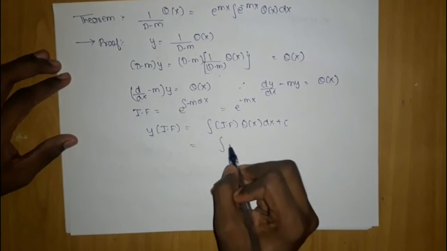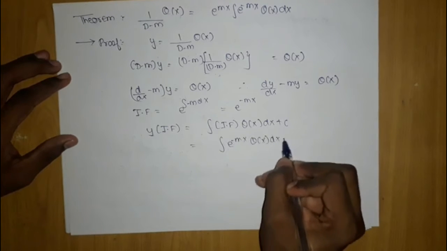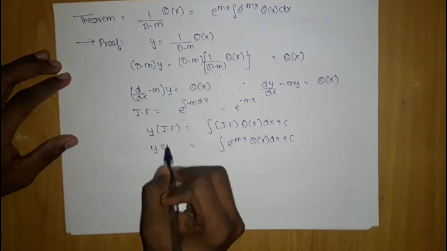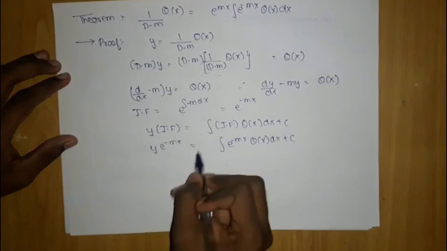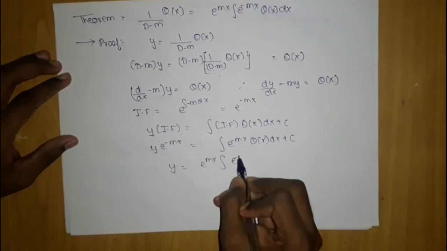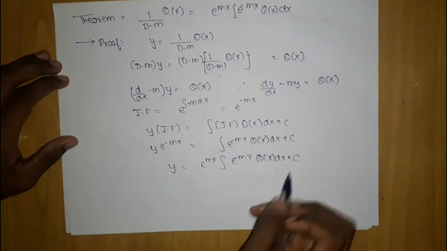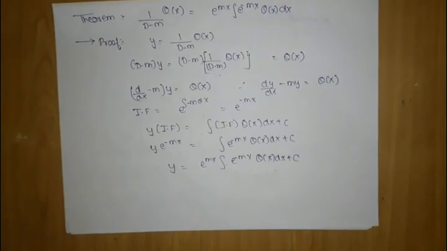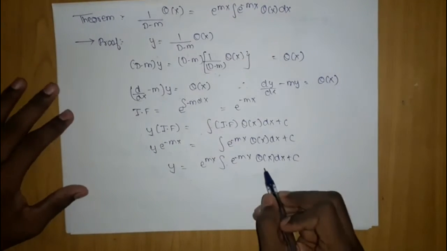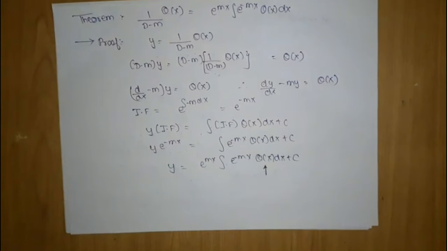So y into e to the power minus mx equals integral e to the power minus mx into Q of x dx plus c. When this e to the power mx shifts here, we get e to the power mx integration e to the power minus mx Q of x dx plus c, where Q of x can be any function. You will see after we move ahead in this chapter.